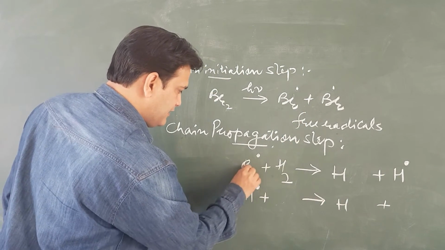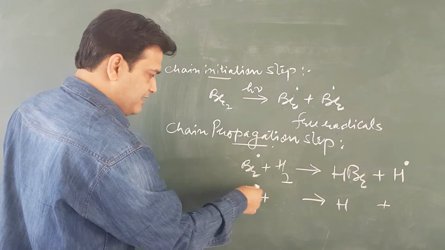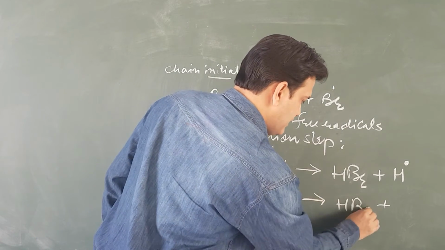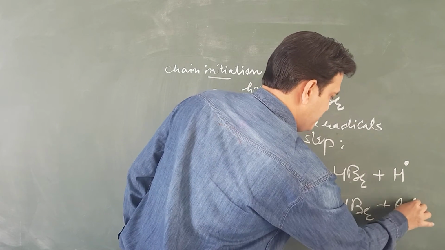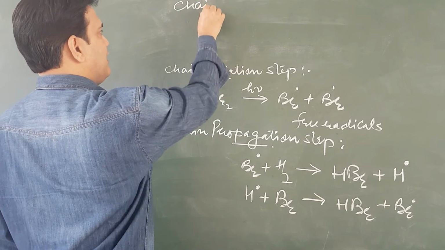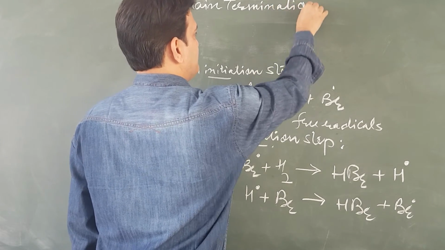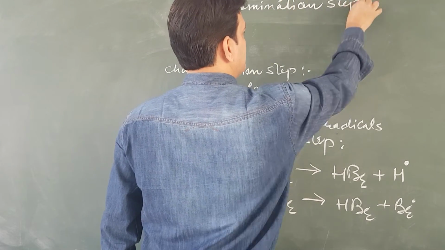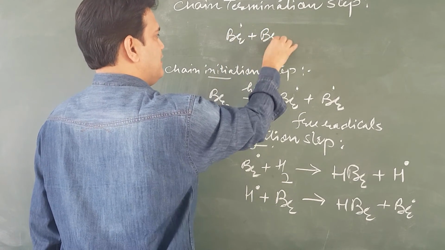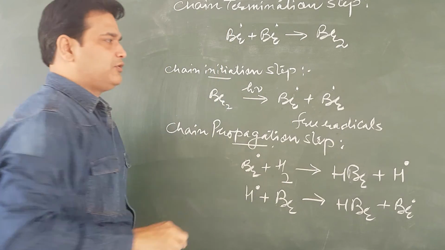Like here, there will be Br dot and HBr, and when H dot reacts with Br2, there will be HBr and Br free radical, and in the chain termination step, this Br free radical will change into Br2.